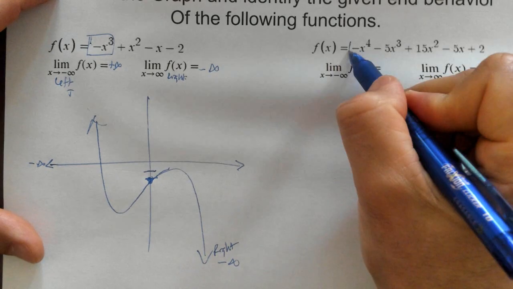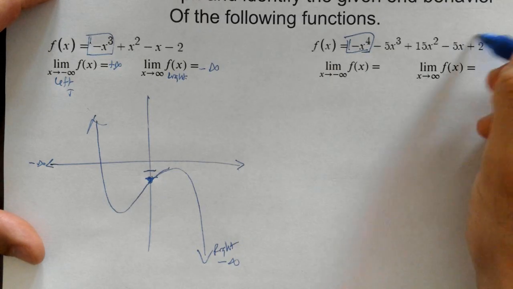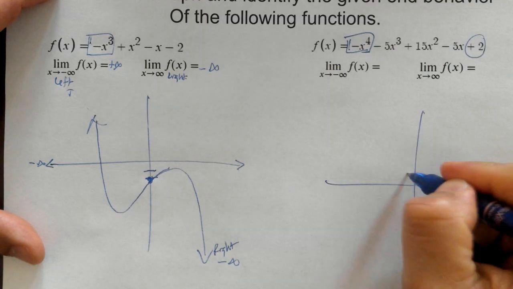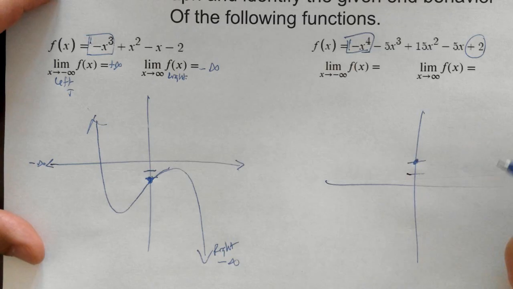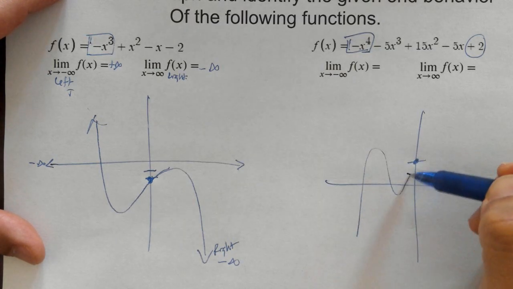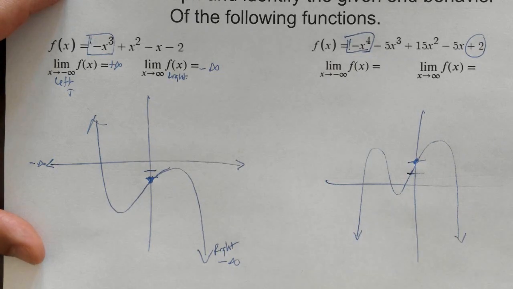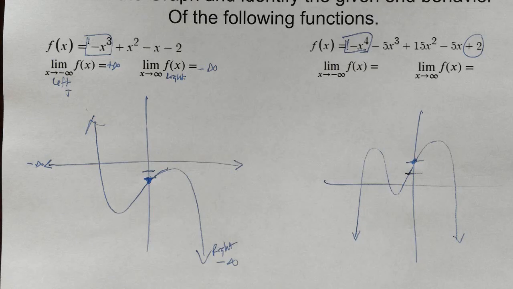What does a negative to the 4th power look like? And it goes through +2. Well, if it goes through +2, it crosses through here, and because it's negative, it'll look something like this. It's going to point downward.